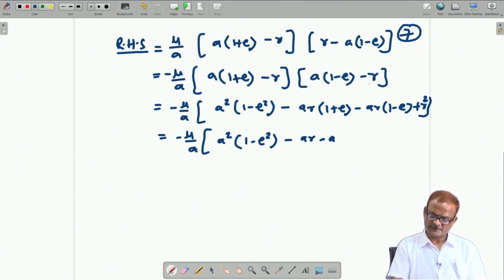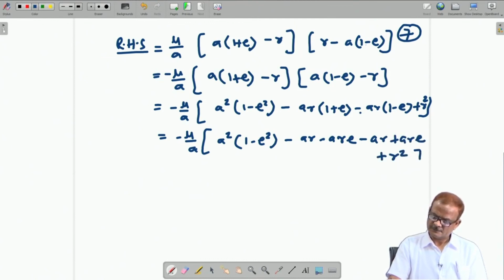The A R times 1 plus E term is okay. So, A R minus A R E, and from this place minus this is A R, and plus A R E and plus R square.